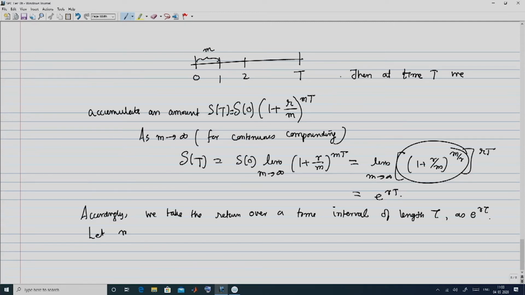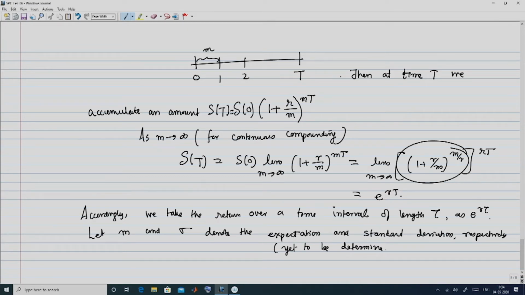Okay, so let m and sigma denote the expectation and standard deviation respectively, and these are yet to be determined. So, I move on to the next step and I will introduce two variables. Remember, at this point we do not know what m and sigma are.